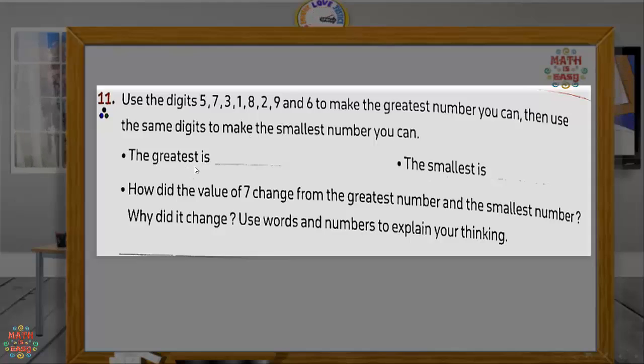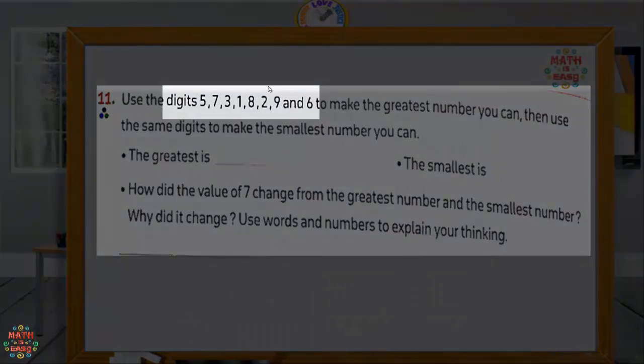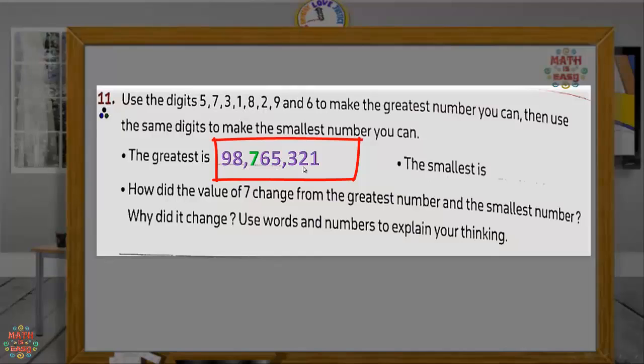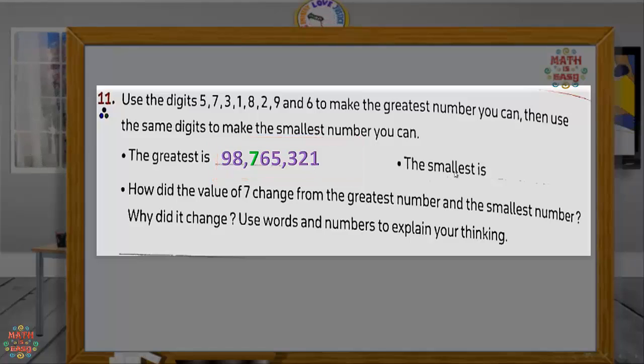To write the greatest number, you should order your digits from the greatest to the least, like this: 9, 8, 7, 6, 5, 3, 2, 1. We start with the biggest digit and end with the least digit. And here we will write the smallest number, starting from the least to the greatest: 1, 2, 3, 5, 6, 7, 8, 9.